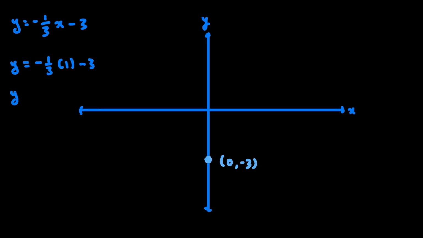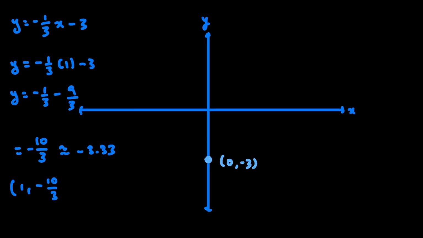That's the same as y equals minus a third minus 9 over 3, which is equal to minus 10 over 3, or roughly minus 3.33. So now that I have y equals that, I know that a coordinate that I can draw is 1, minus 10 over 3, which is also the same thing as minus 3.33.